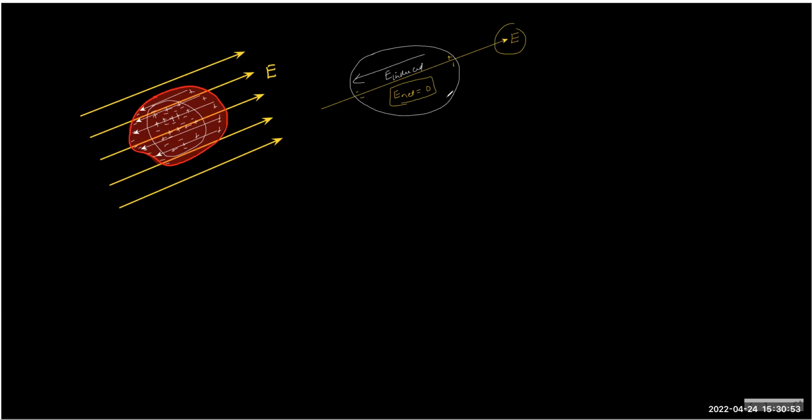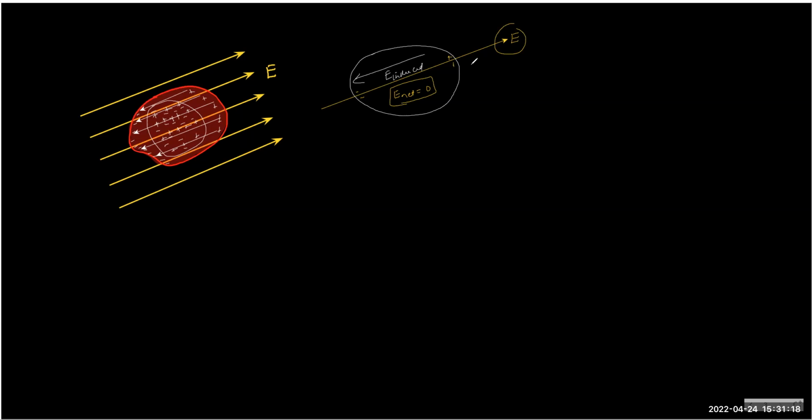Understood? Now the question is how to represent the lines of force in such a case. The simple rule is: a conductor will never ever allow the electric field to enter its bulk or volume.